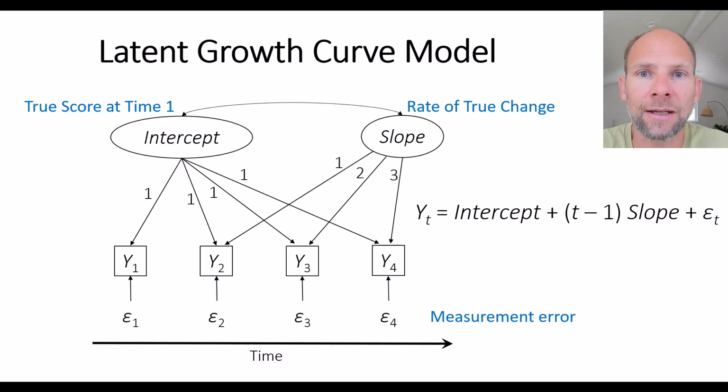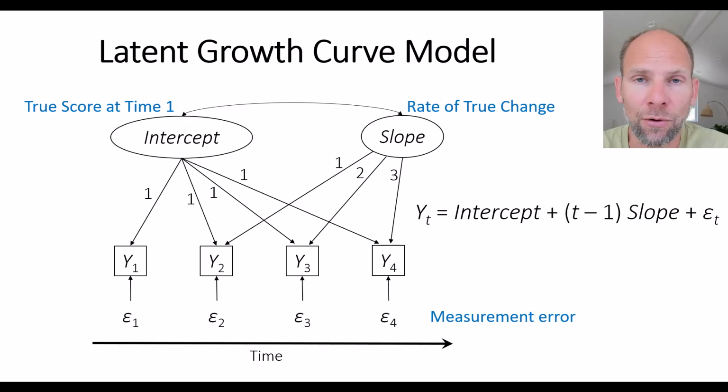and there's no additional intercept here that is estimated in this equation. Now, a growth curve model like this can be fit as a confirmatory factor analysis model in programs for structural equation modeling such as Lavaan, Jamovi, JASP, Mplus.